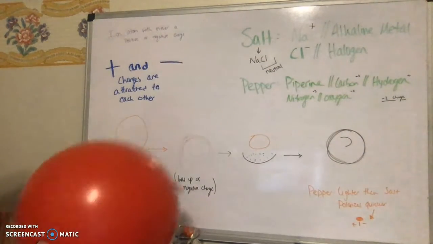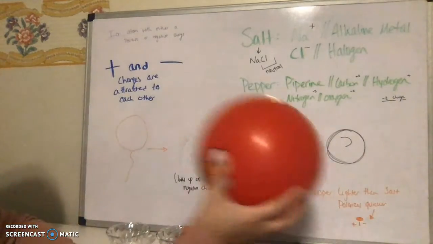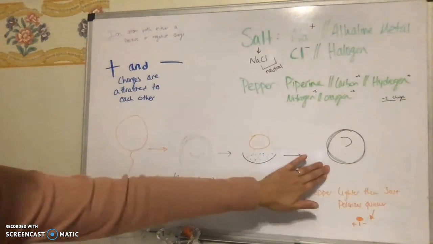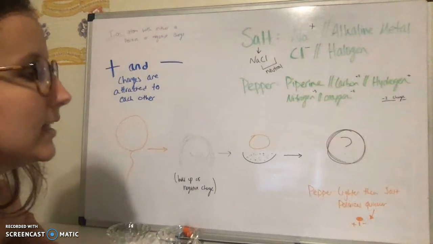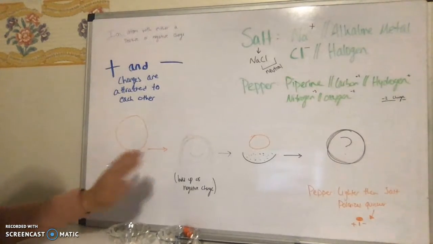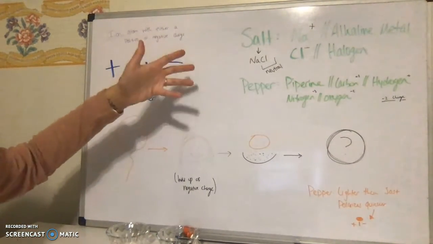And then, once I dump the salt and pepper together on my makeshift plate and hang it over, then we should see something happen. And that's where the question mark comes from, since we're doing an experiment. Either my salt will rise, my pepper will rise, or neither. We'll have to see.